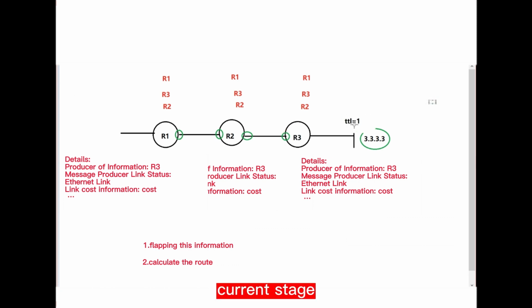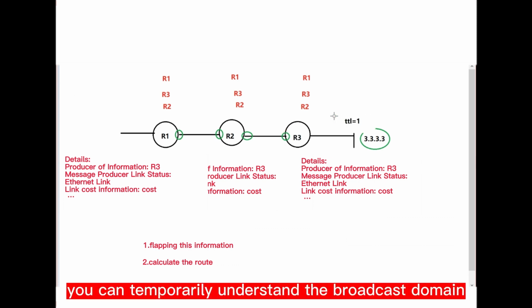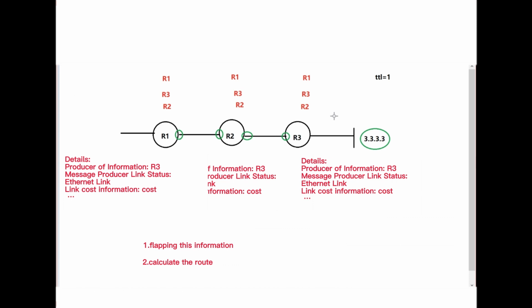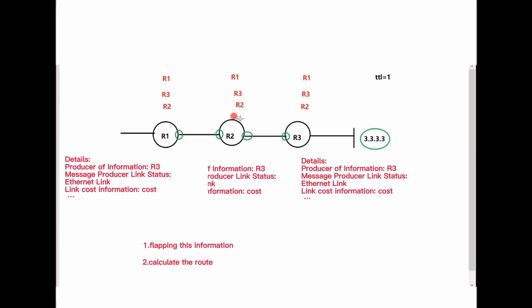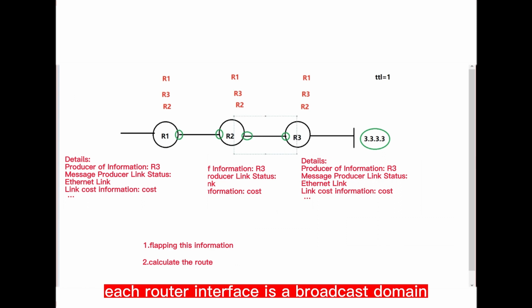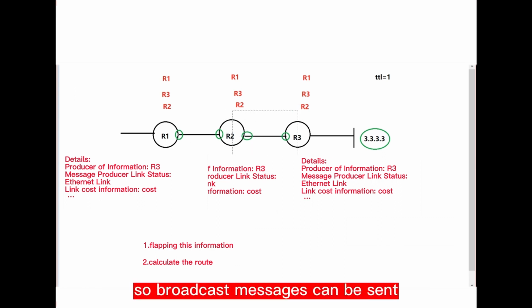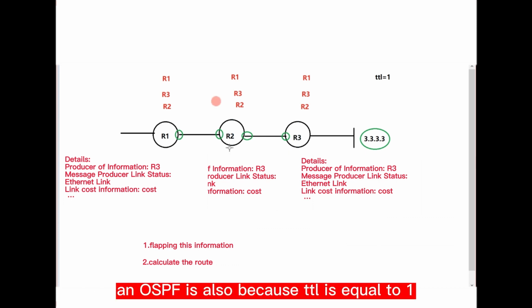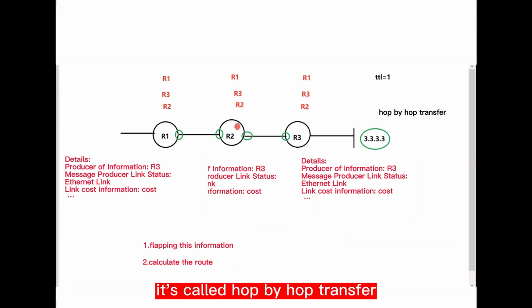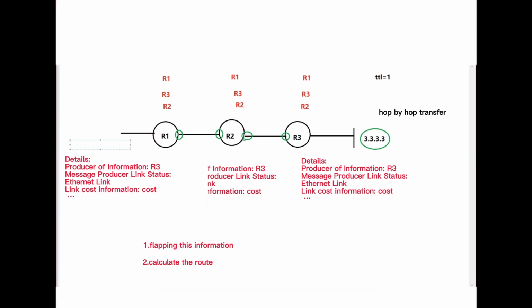At the current stage, you can temporarily understand the broadcast domain as the same network segment. For us, each router interface is a broadcast domain, so broadcast messages can be sent that far. And OSPF, because TTL is equal to 1, is called hop-by-hop transfer.